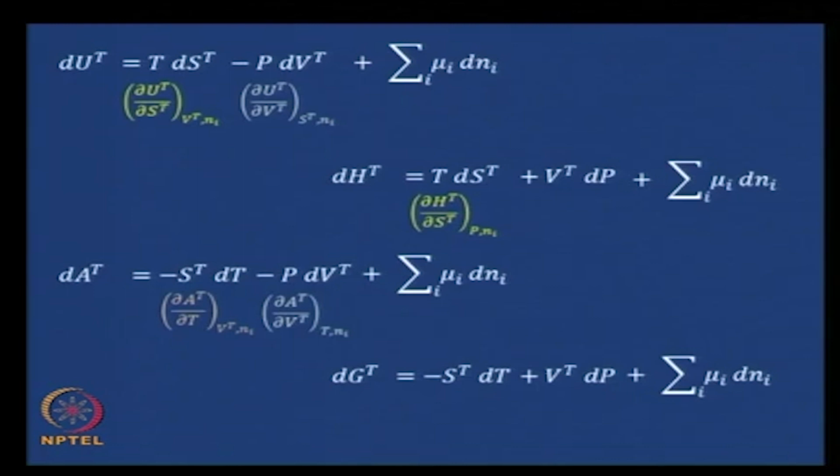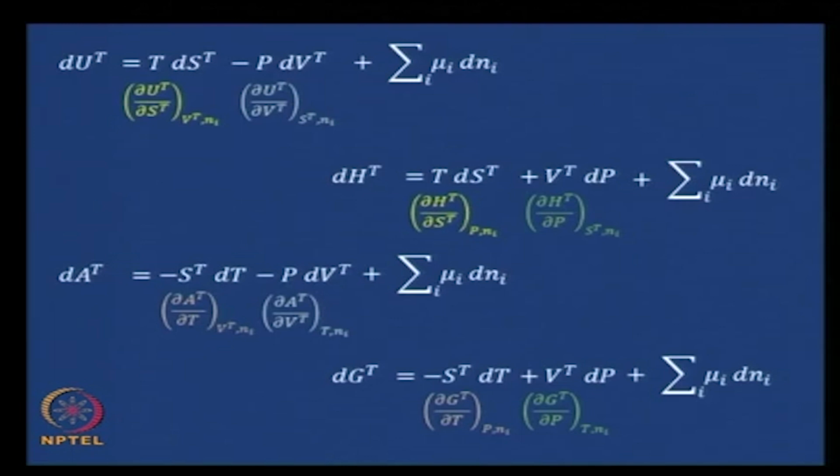Minus St is dou At by dou T at constant Vt and ni. Let us look for another St, it is here. Minus St equals dou Gt by dou T at constant P and ni. Similarly, this Vt can be written as dou Ht by dou P at constant St and ni, and Vt which appears here can be written as dou Gt by dou P at constant T and ni.